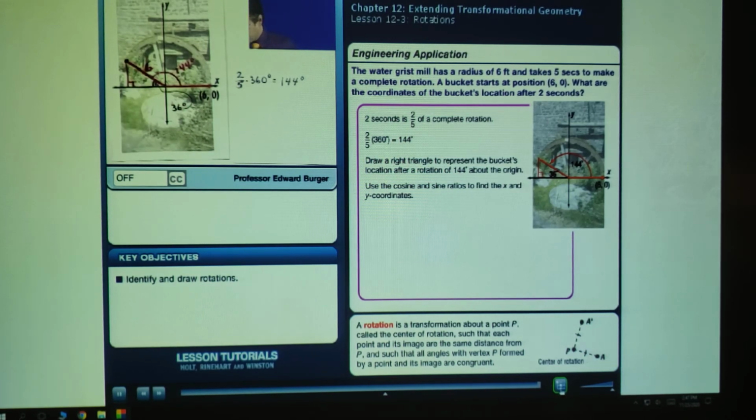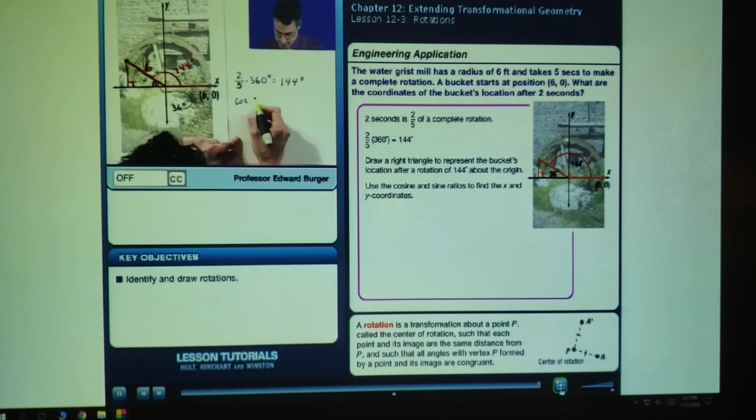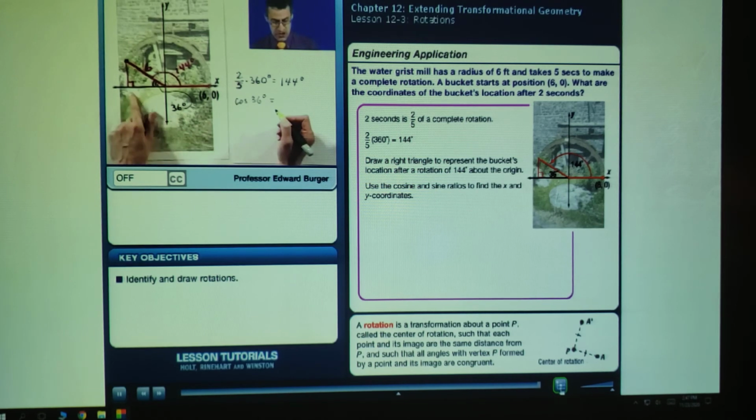So to find this length right here, which we see is plainly negative, what I see here is that the cosine of 36 degrees is going to equal adjacent, which is x, over hypotenuse, which is 6. But we know the answer has to be negative, so really it's negative x.